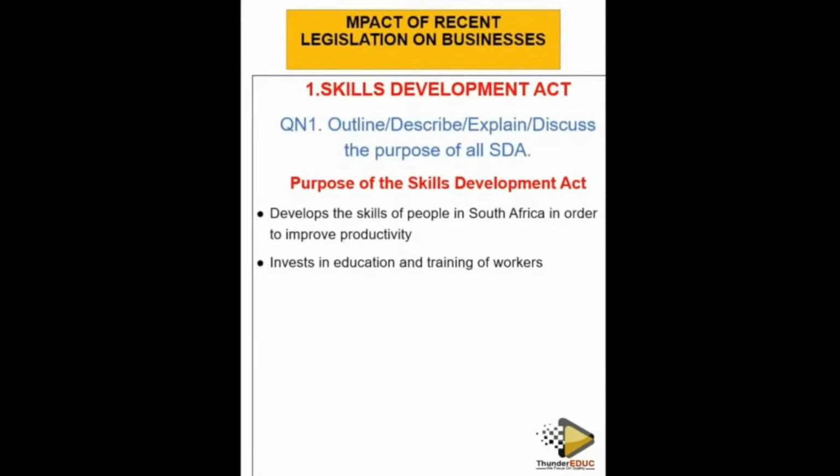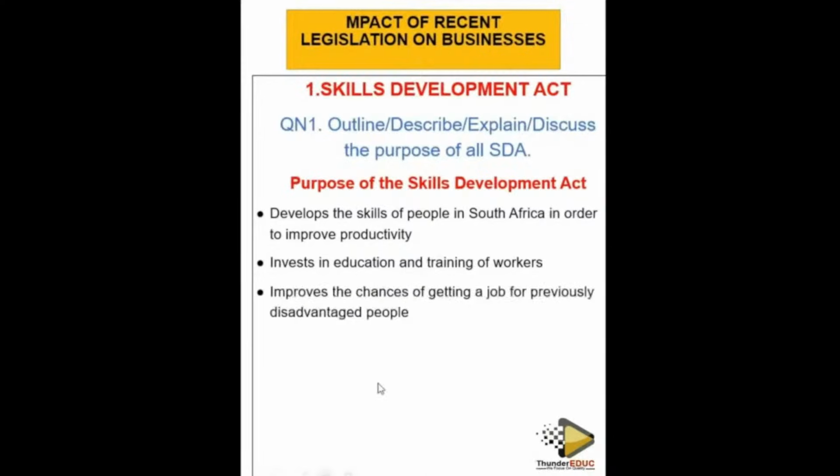So now to prevent firms from firing people, the firms were forced to do what? To give them the in-service training. In-service training is a training that you actually get while you are already employed. So now this act also was channeled on education and training of workers.